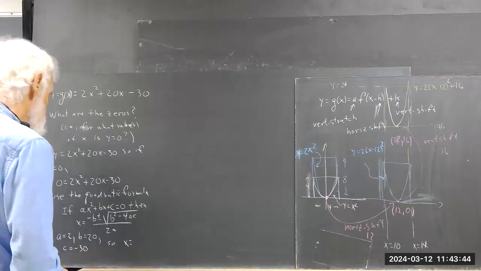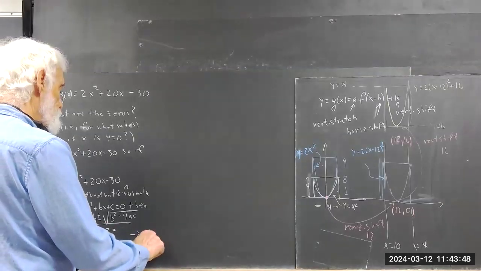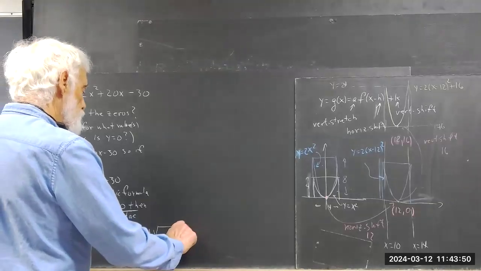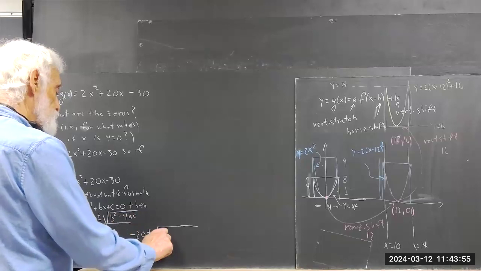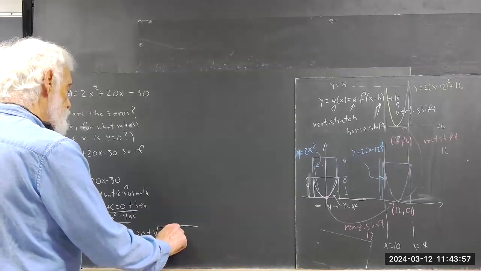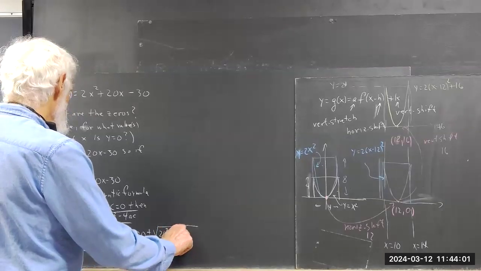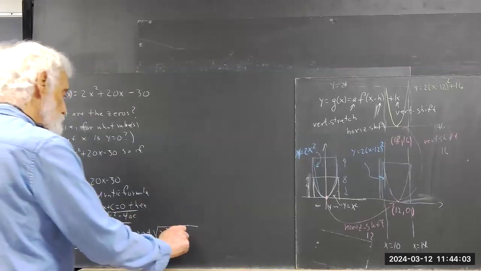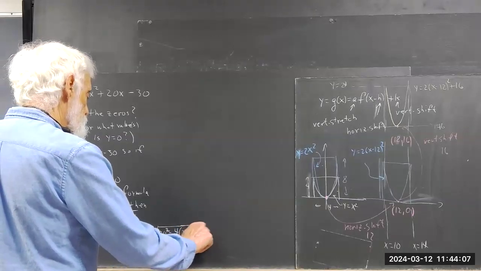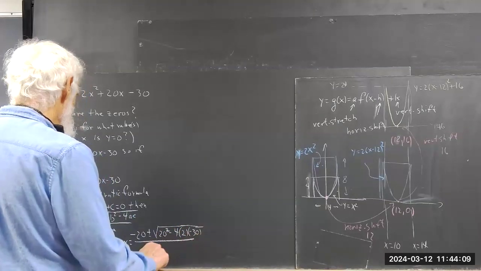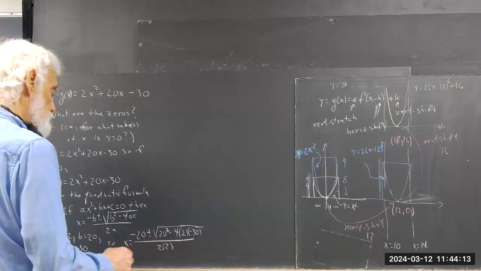So x equals negative b, which is negative 20, plus or minus the square root of b squared minus 4ac. b is 20, so it's 20 squared, not 20 to the 0, minus 4 times a, which is 2, times c, which is negative 30. And that's over 2 times a, which is 2.